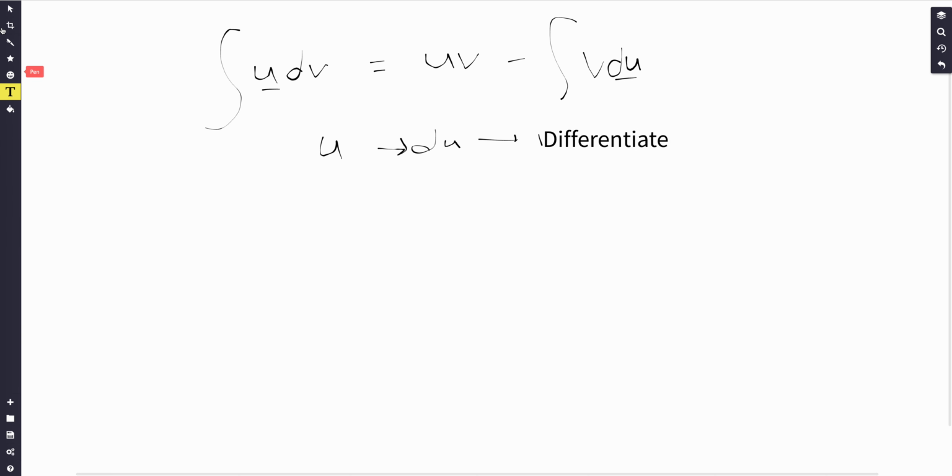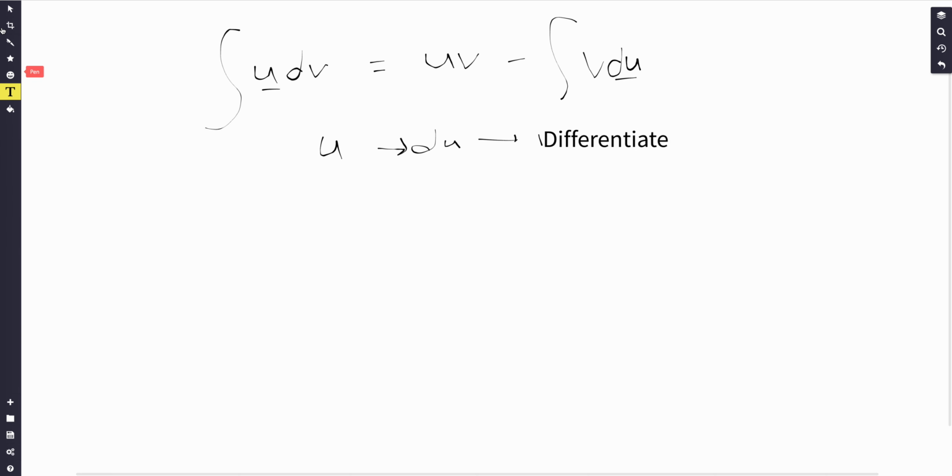The L stands for logarithms. If you have a log or a natural log, you have to use that as your u term first. This mnemonic tells you what to use as your u value first, and then later as your dv value.